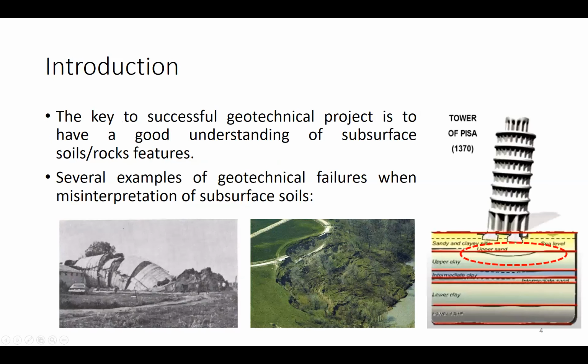Let's get into why understanding what's under the ground is super important for geotechnical projects. To make a geotechnical project work, we need to really get what's happening in the subsurface. Look at the pictures, including the Tower of Pisa. They show times when people got it wrong about what's under the ground.